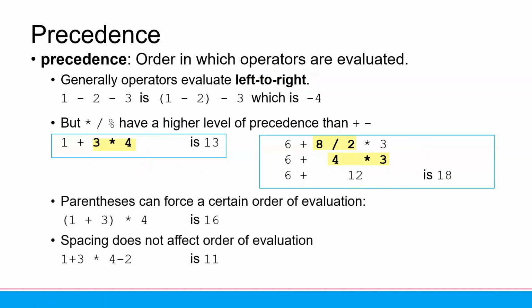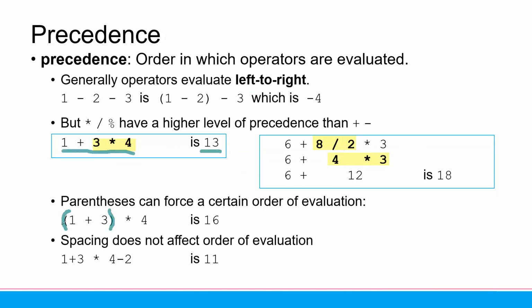You can also use parentheses. This is the parenthesis. If you use parentheses, the result will be different. If you have only 1 plus 3 multiplied by 4, the result is 13.